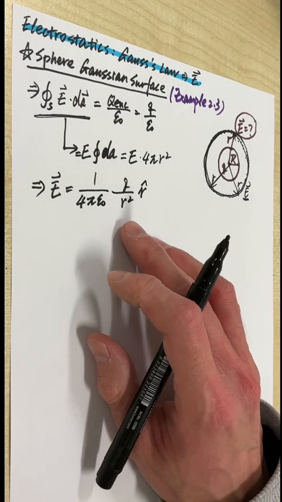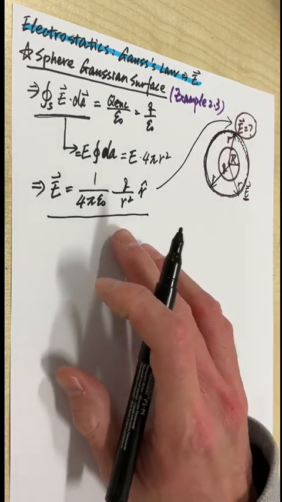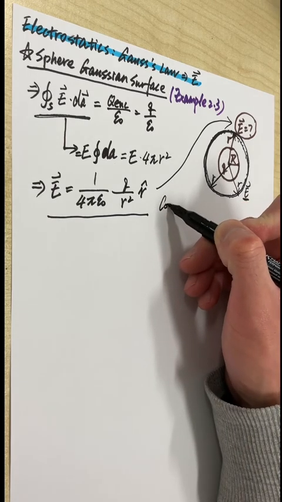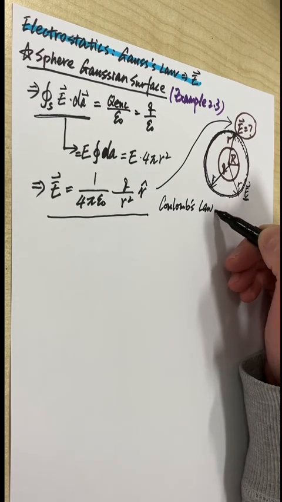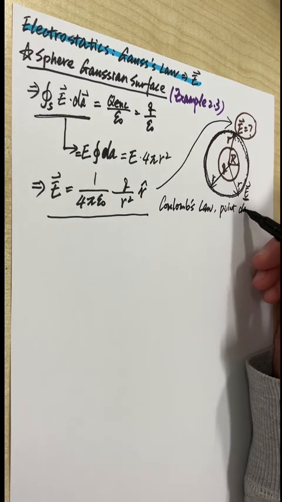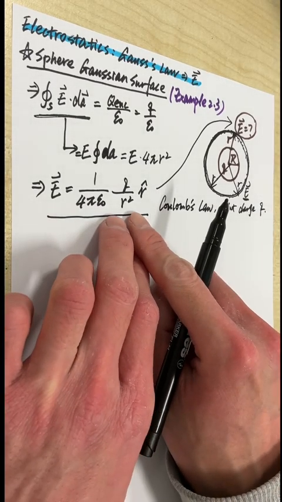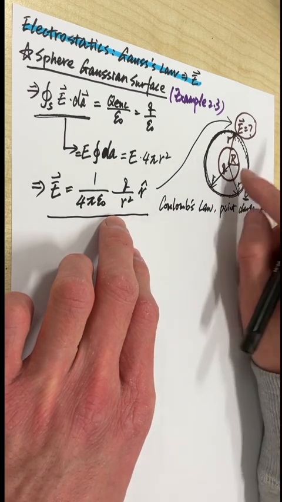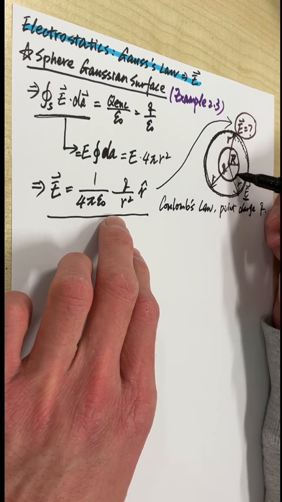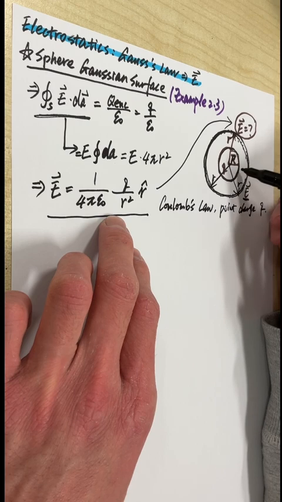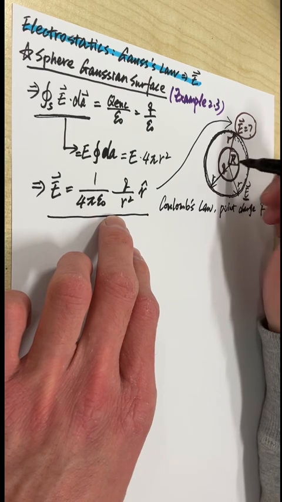Okay, so this is the answer, but this expression is exactly the same as Coulomb's law with point charge Q. If you look at this equation, it's not affected by the value of the capital R. So no matter how big the sphere is, the electrical field outside of the sphere would consider this sphere equivalent to a point charge.